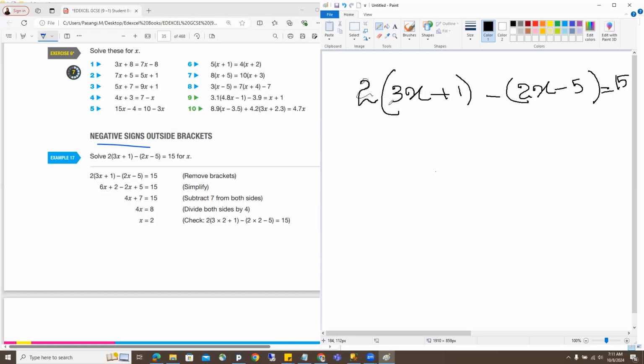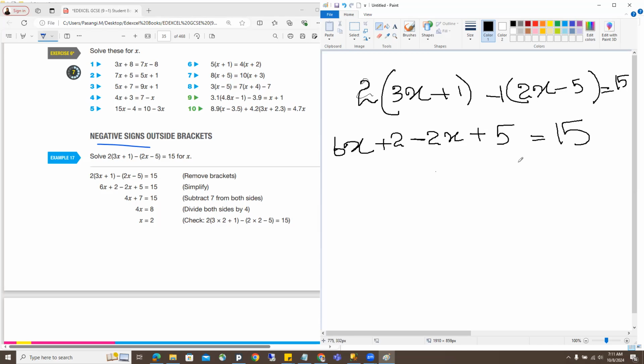Removing brackets means we have to multiply. 2 times 3x, that is 6x. 2 times 1, that is 2. Here we have minus, and minus means minus 1 times 2x, that is minus 2x. Minus 1 times minus 5, that is 5, is equal to 15 on the right hand side.